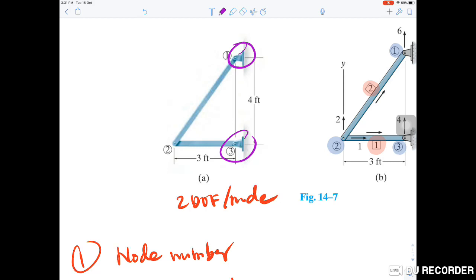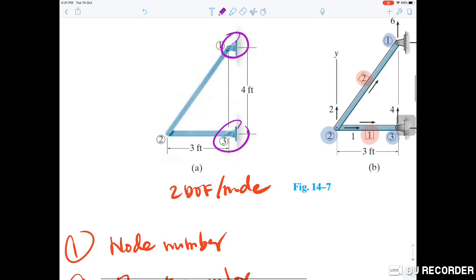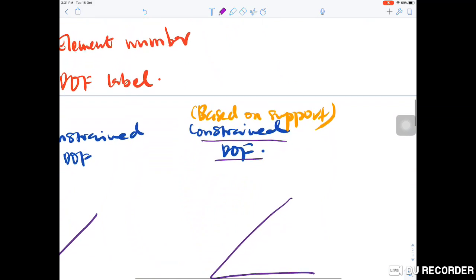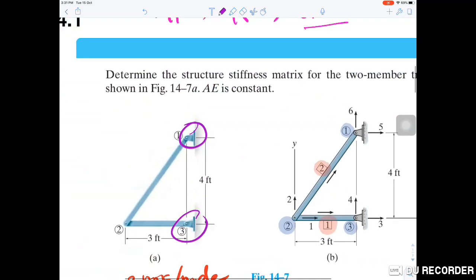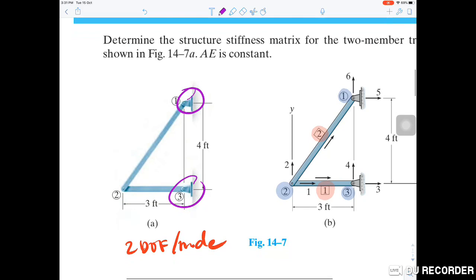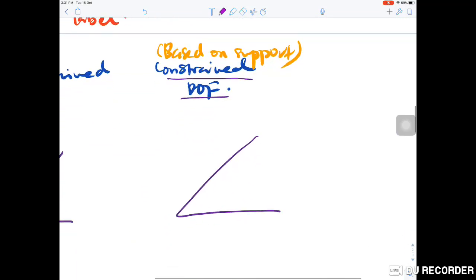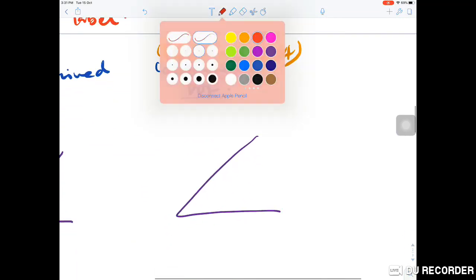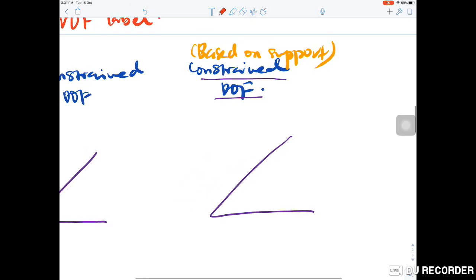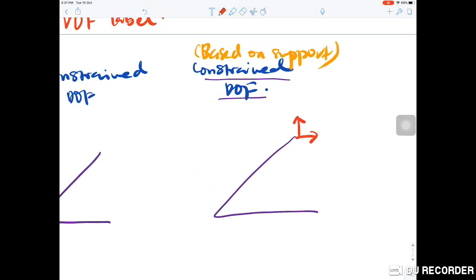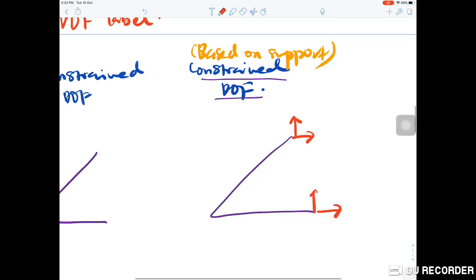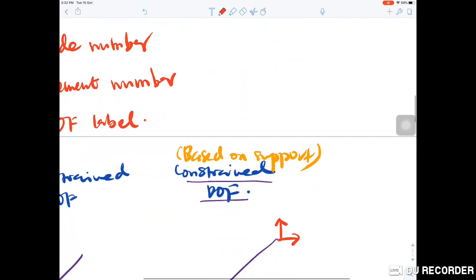We know that support is a constraint system, and a pin has two degrees of freedom. Pin reaction at support is 2, so we have to put it here. There are 2 degrees of freedom at node 1, and another 2 at node number 3.